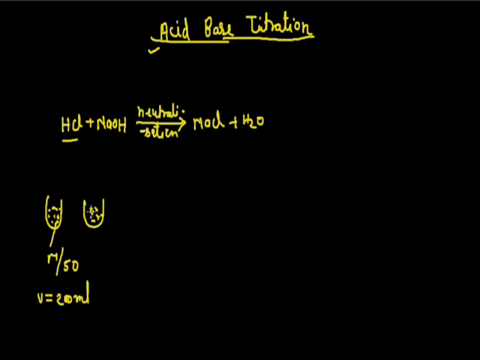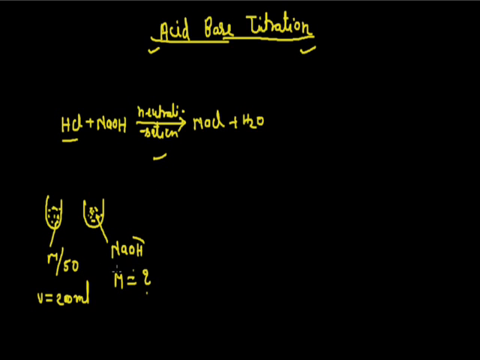In the second container we have sodium hydroxide, and our aim is to find the molarity of this sodium hydroxide. When we use the volumetric method, that is the titration method, for finding out the molarity of this NaOH, it is called acid-base titration. So basically in acid-base titration, the reaction is a neutralization.